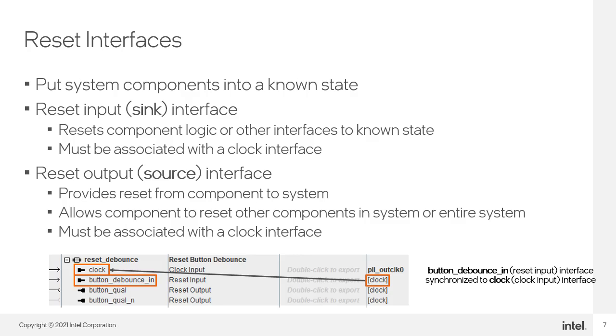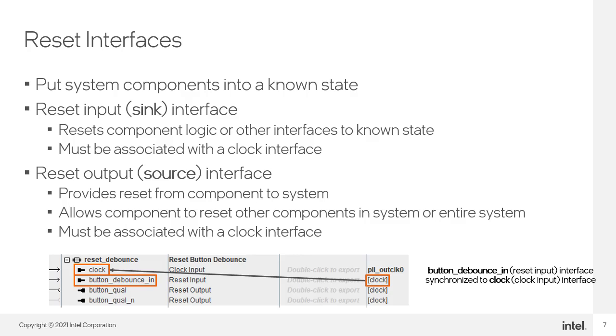A component can also generate a reset and send it out to the rest of the system with a reset output or source interface. Both reset input and output interfaces must be associated or synchronized with a clock interface. This association is shown in the clock column of the System Contents or System View tab in Platform Designer.